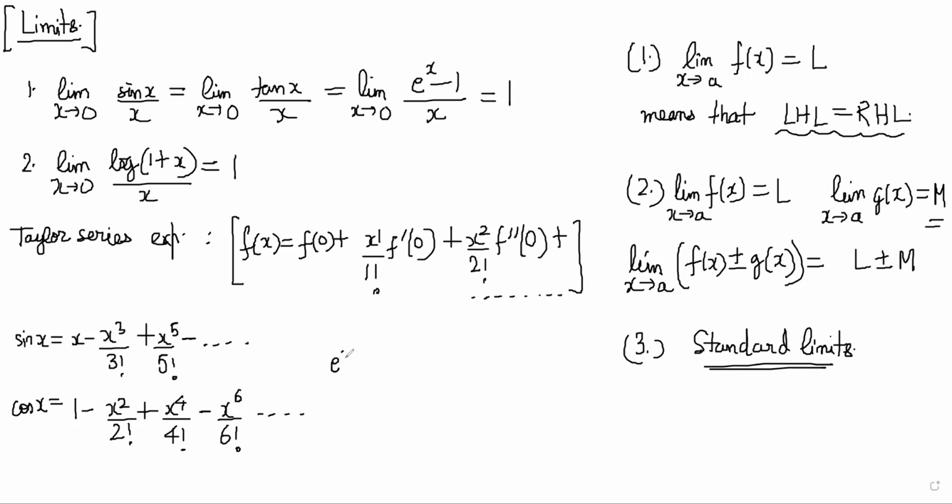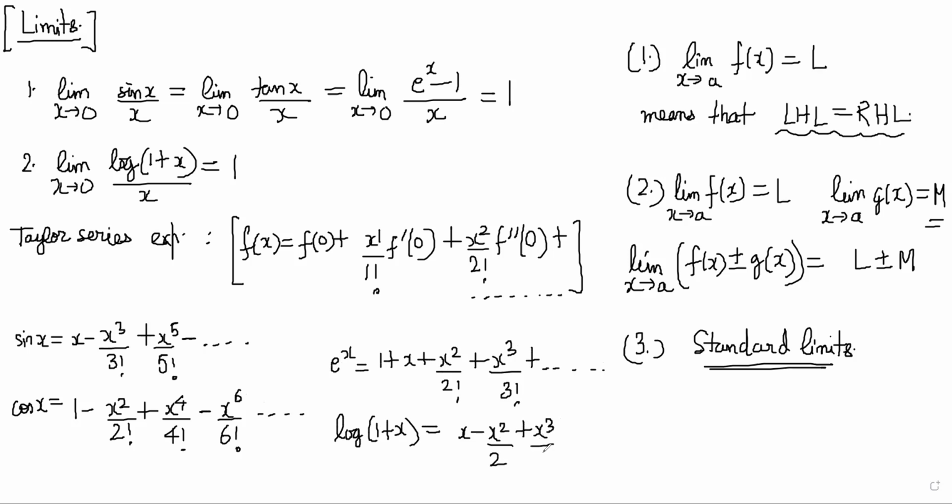And e power x is 1 plus x plus x squared by 2 factorial plus x cubed by 3 factorial and so on, right? And log(1 plus x) is x minus x squared by 2 plus x cubed by 3 minus x4 by 4. This is very simple. Alternating signs, and powers and denominators match. These four at least you should remember.